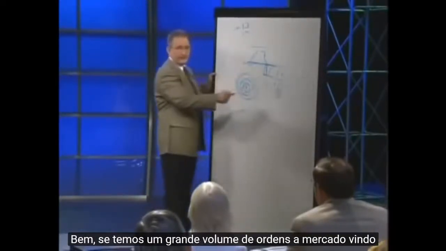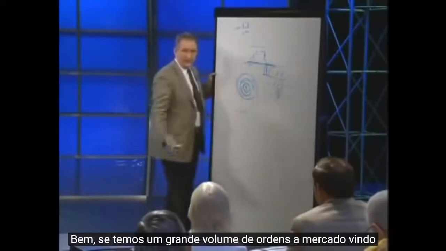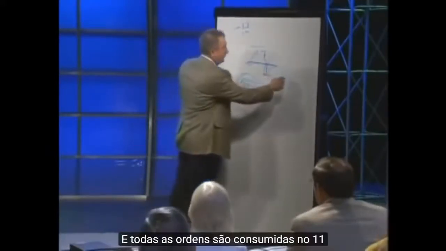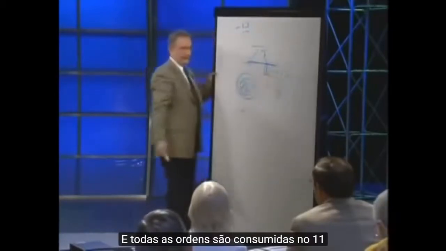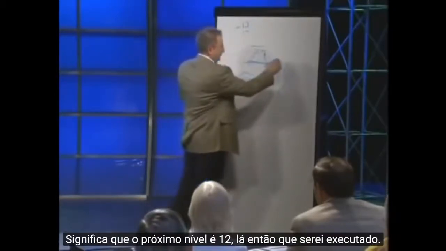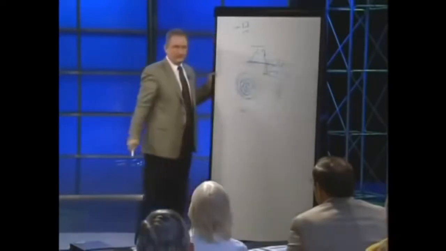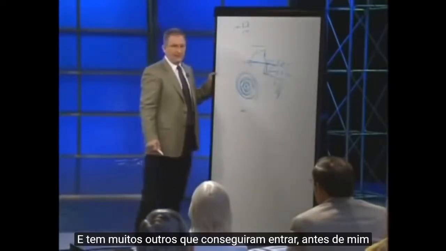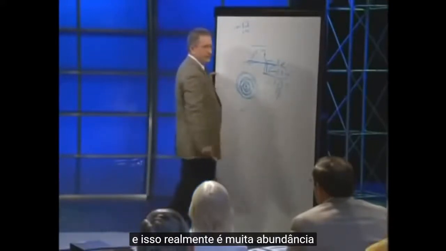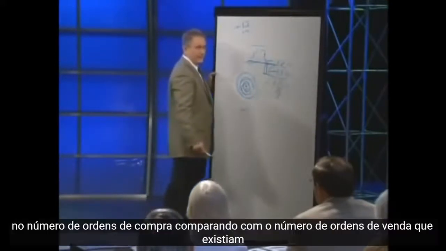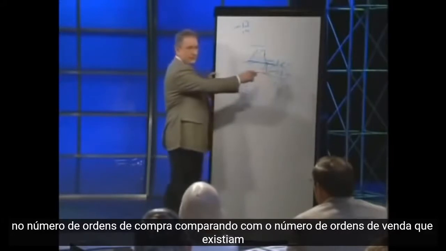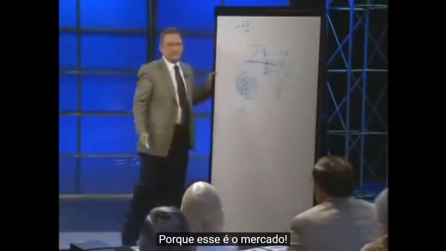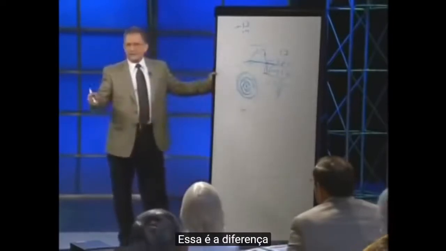Well, if there are so many market buy orders coming into the market that all the offers at 11 are taken out, then the next price up where there are offers is 12, and that's where I'm going to get filled. And if there are so many more that got in before me, a real overabundance of buy orders in relationship to the number of offers that exist, then I might get filled at 13, because that's the market. So that's the difference.